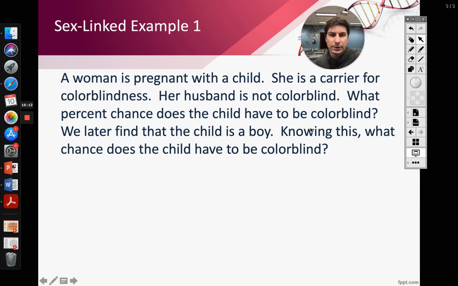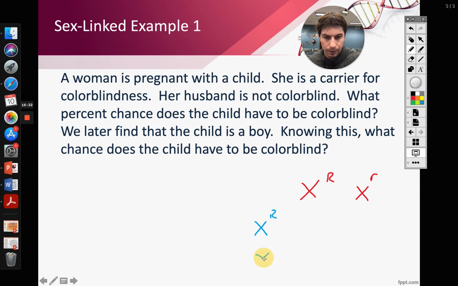So, a woman is pregnant with a child. She is a carrier for colorblindness. So, carrier. That means she's heterozygous. So, we're going to say mom is X big R, X little r. Her husband is not colorblind. So, he's X big R, Y. Do your Punnett square here.